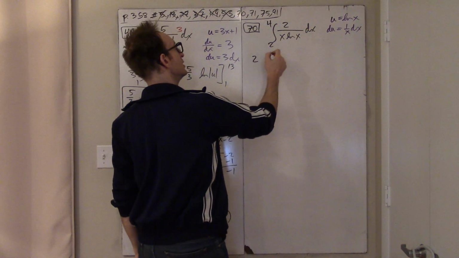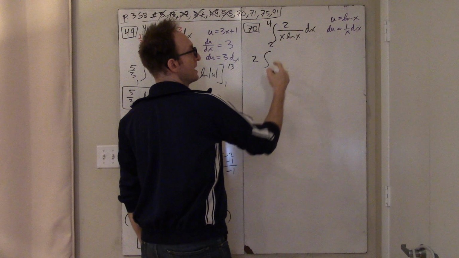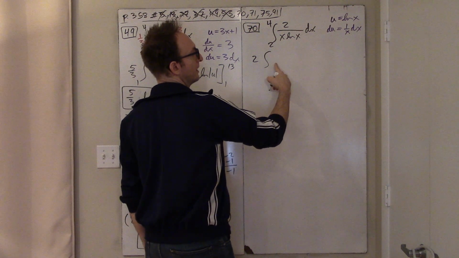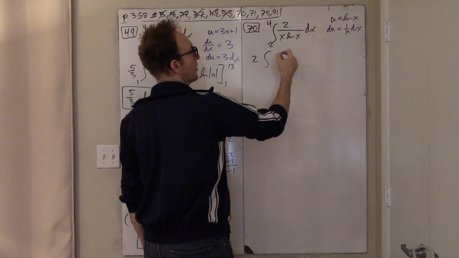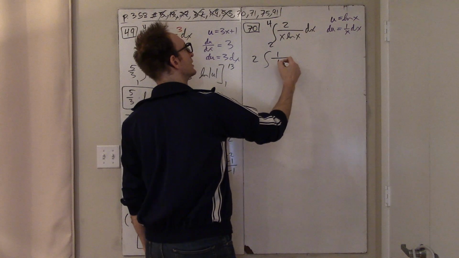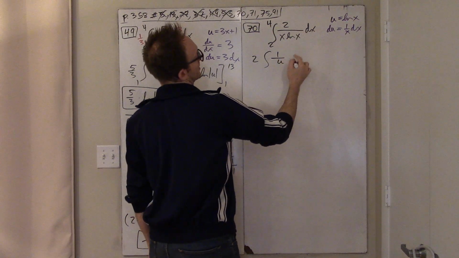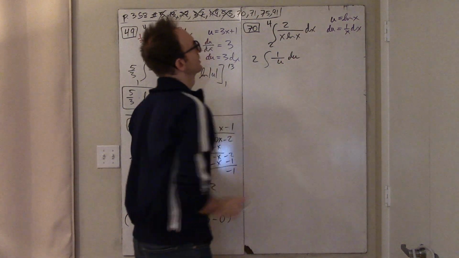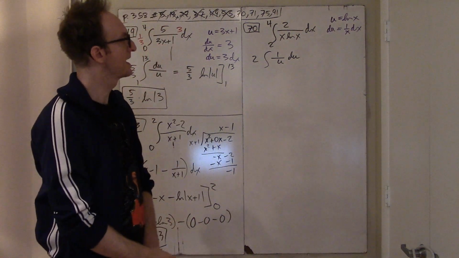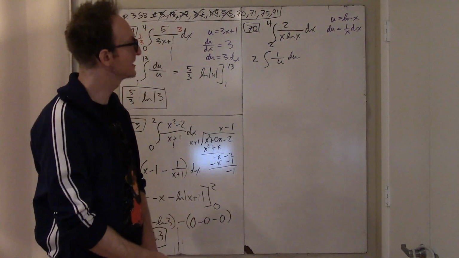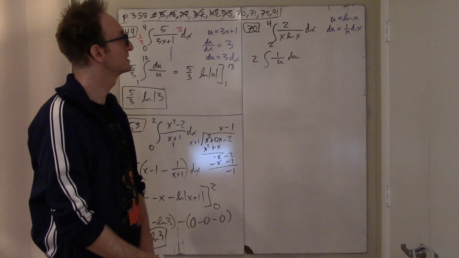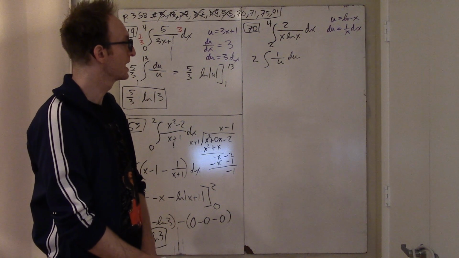This becomes 2, that 2 wasn't really doing anything. This becomes 1 over u. Am I doing this right? 1 over u du. Yeah, because ln x is u, and 1 over x dx is du. So yeah, this is just 1 over u du.